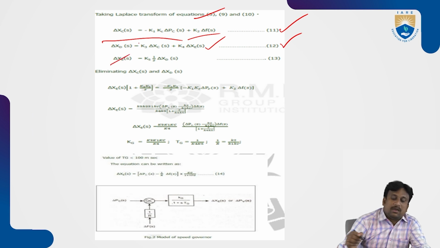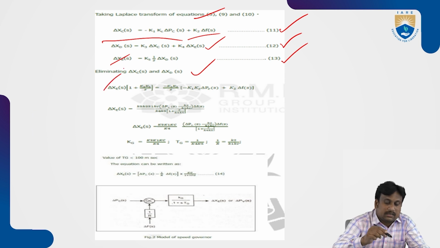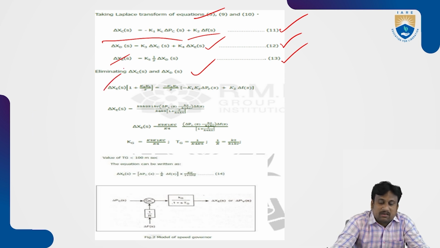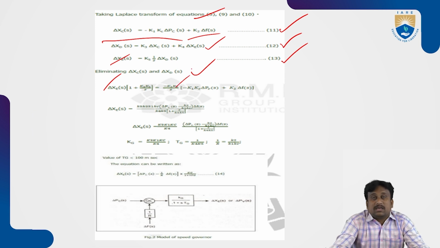Now delta xe of s equals K phi of 1 by s delta xd of s gives equation 13. So eliminating delta xc of s and delta xd of s, then delta xe of s into 1 plus K4 K phi by s is equal to minus K phi K3 by s into K1 Kc delta Pc of s plus K2 delta f of s.